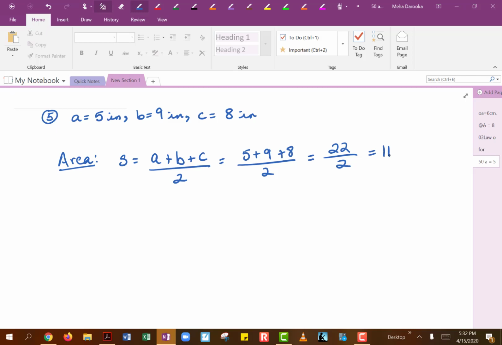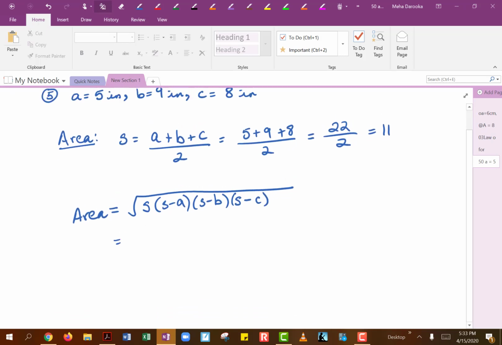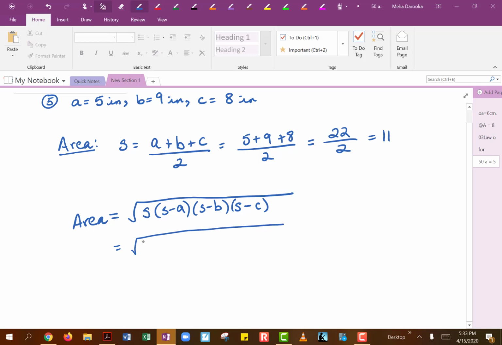So you get the S value as 11, and then using Heron's area formula, we have the square root of S multiplied with S minus A, S minus B, and S minus C. So this will be 11, and then 11 minus 5, 11 minus 9, 11 minus 8. 11 minus 5 gives us 6, 11 minus 9 gives us 2, and 11 minus 8 gives us 3.